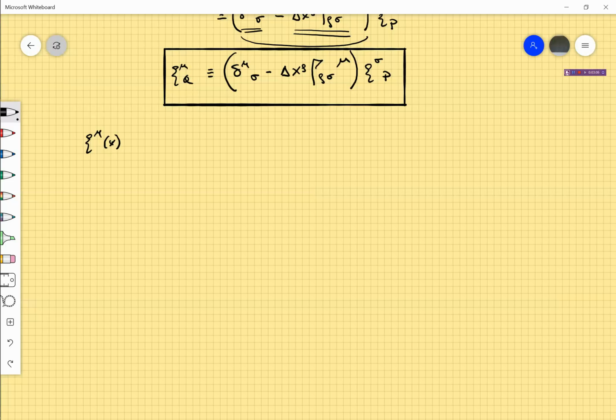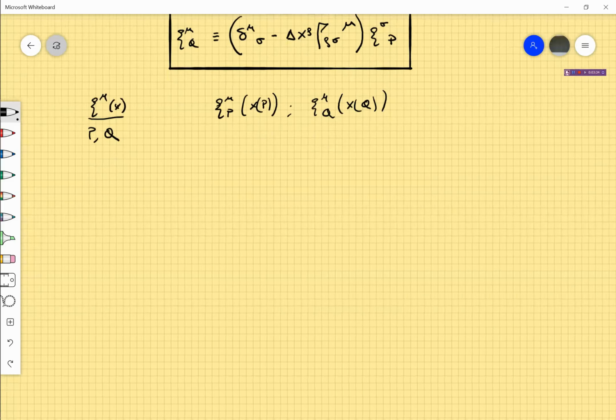So if I have 2 points which are very close to each other, the points p and q, I can use these functions to find vectors which are defined at p and q. Just evaluate these functions at the values of the coordinates of the points p and q. Of course, I can do this for the infinite points of my differentiable manifold.